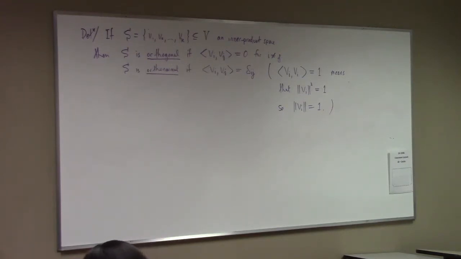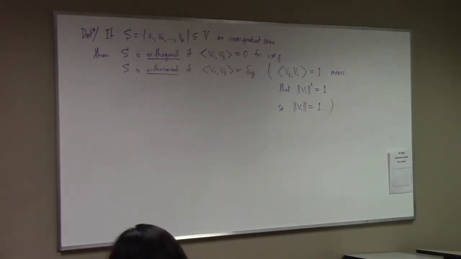Which means, by the way, that an orthonormal set can't contain 0, because the norm of 0 is 0. On the other hand, an orthogonal set in principle could contain 0.